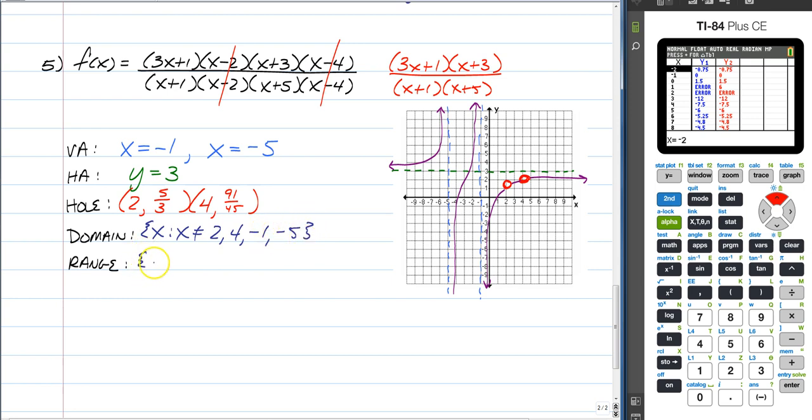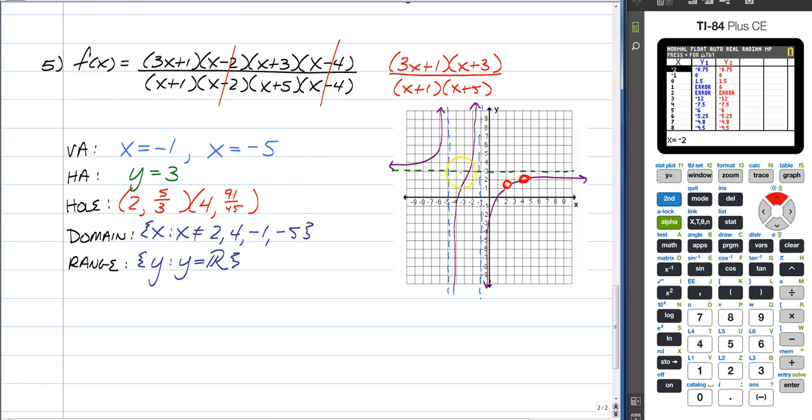But our range in this case is y can be all real numbers. The reason why is the graph starts and ends in this middle section going all the way top to bottom.